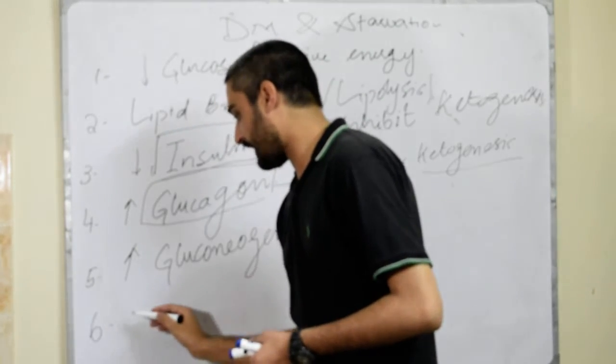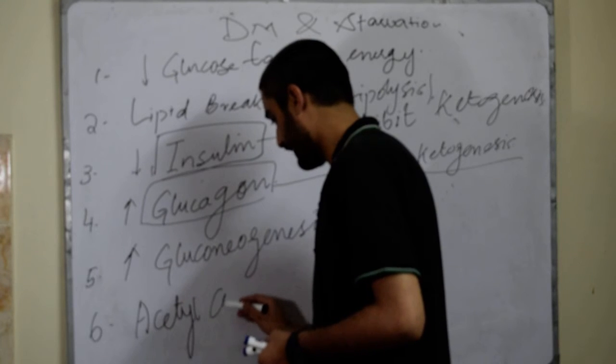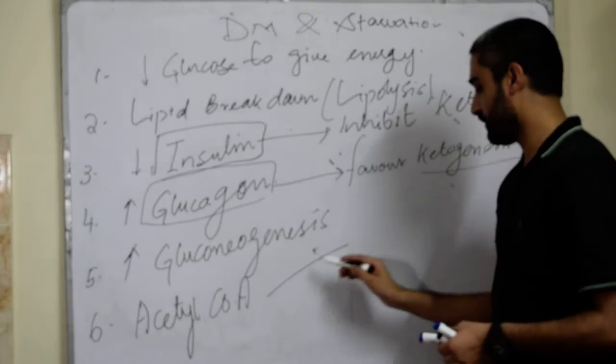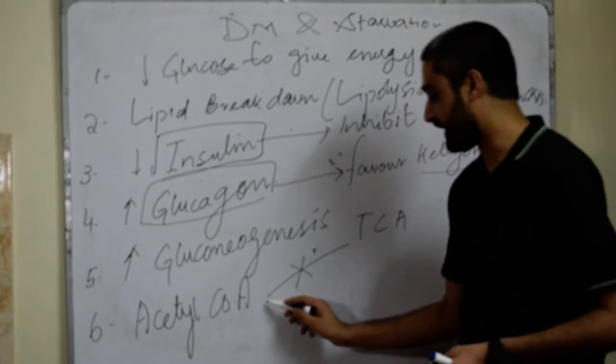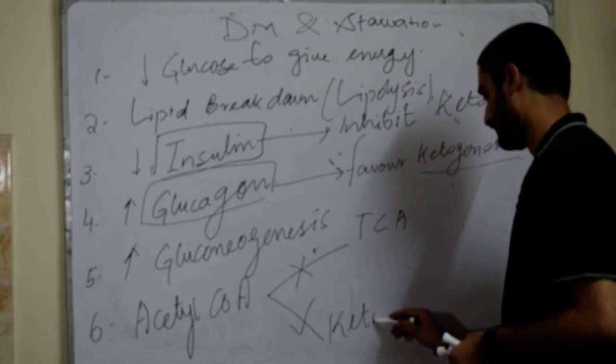Last step: acetyl-CoA will be formed in all of these conditions, and this will not go to the TCA cycle. In fact, this acetyl-CoA will go and form ketone bodies.